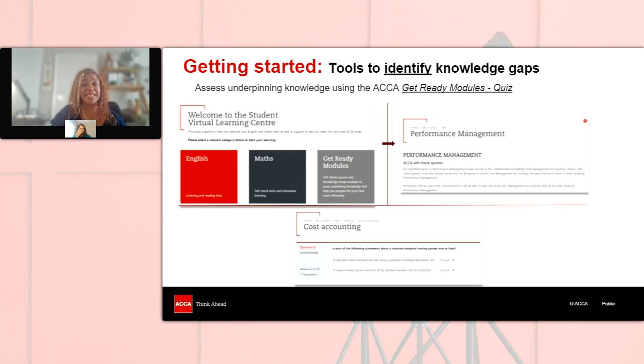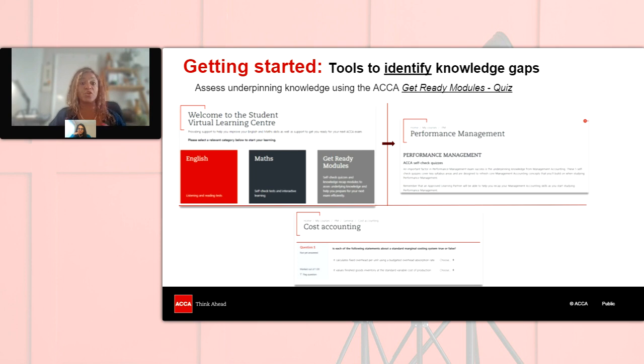This is the Get Ready modules, which include self-check quizzes. So on the slide there, you've got details of the Get Ready modules and the self-check quizzes in particular, and I'm just going to talk you through that. Now, the purpose of the quiz is to assess your understanding of key concepts covered earlier in the ACCA syllabus.